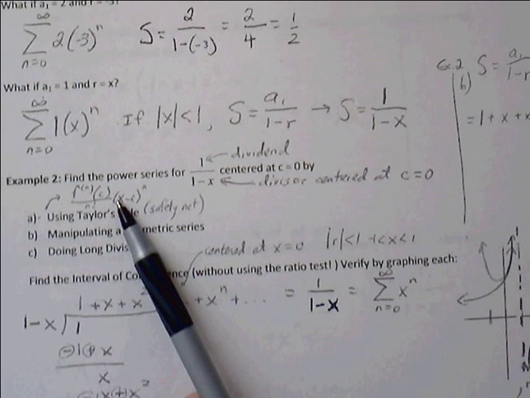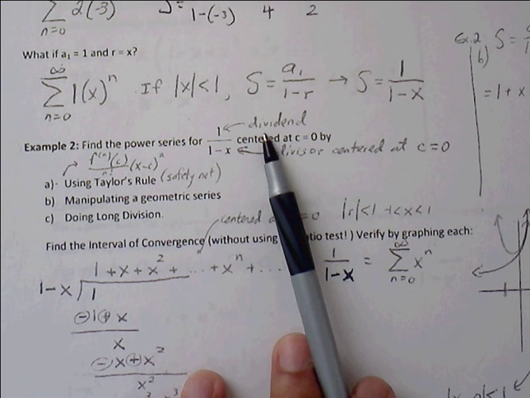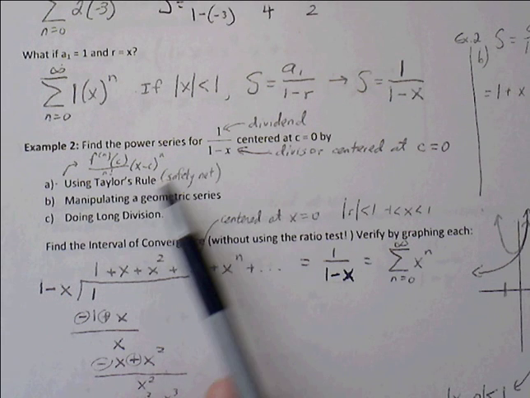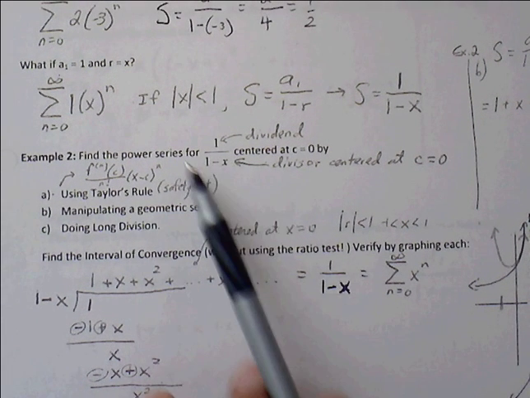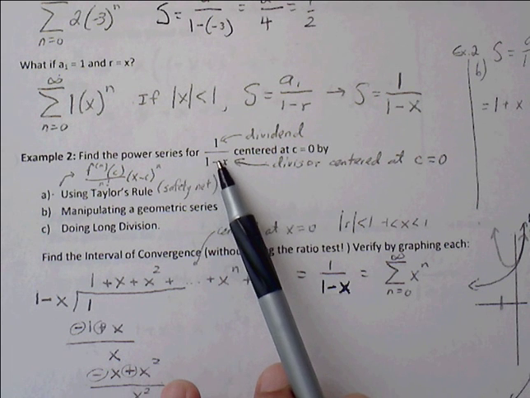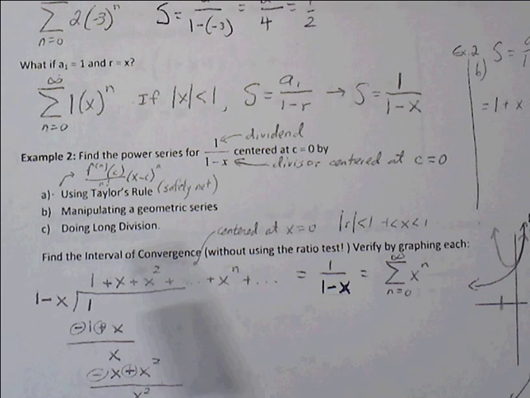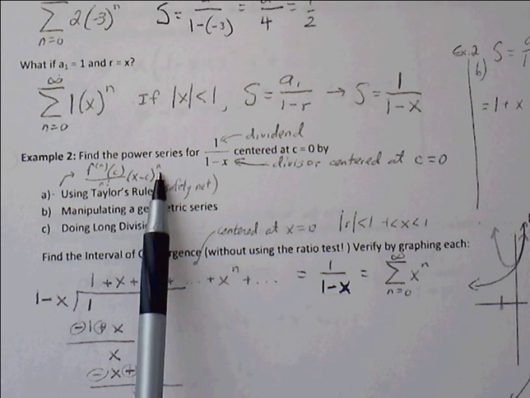Example 2. It says find the power series for 1 over 1 minus x. 1 is the dividend, 1 minus x is the divisor. There's a couple ways. One way is we can use the Taylor's rule, where we find each of the derivatives and plug into our Taylor formula, which is the nth derivative value at c over n factorial times x minus c to the n.